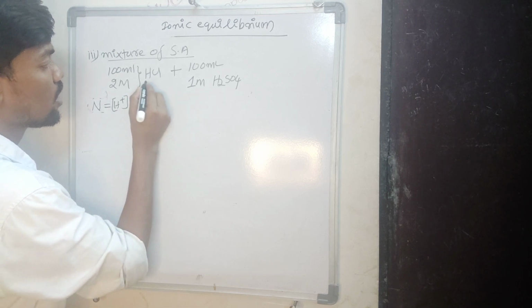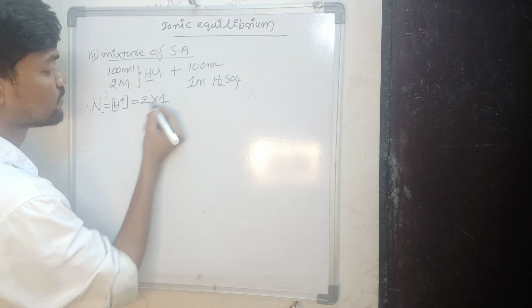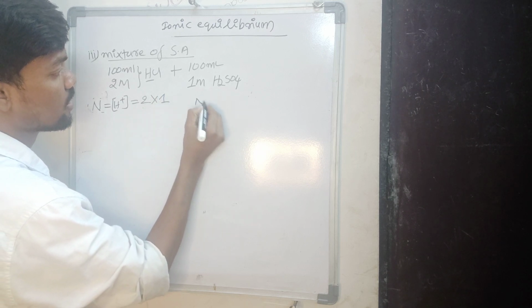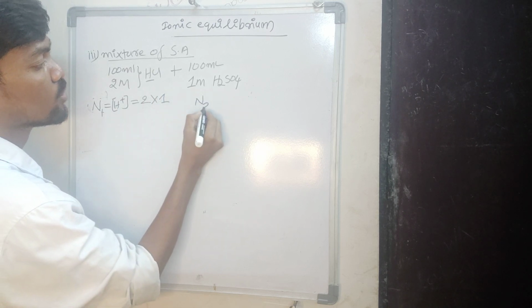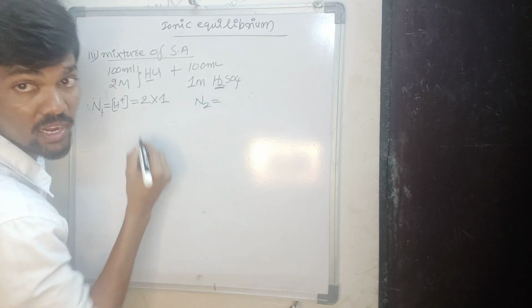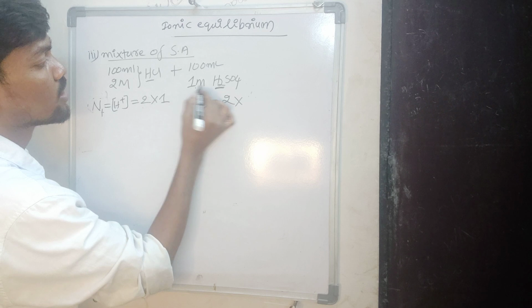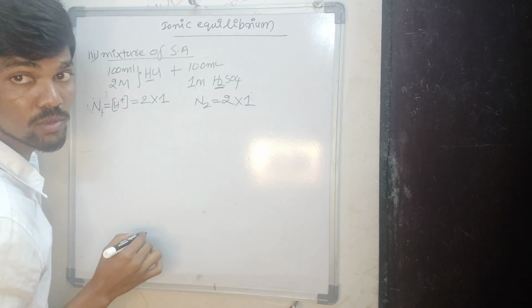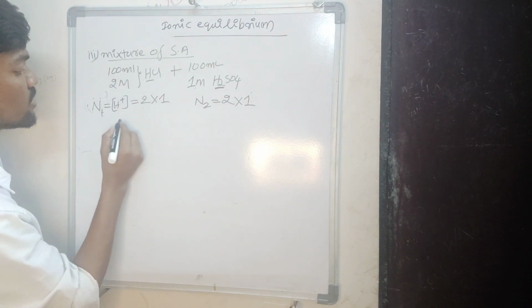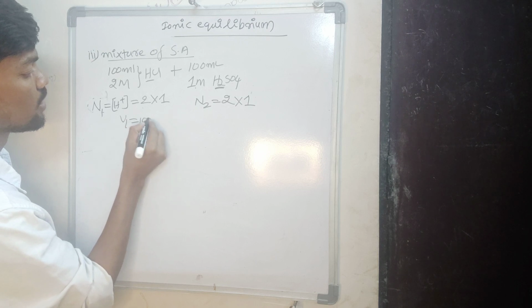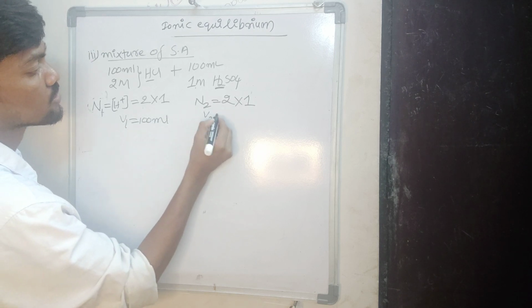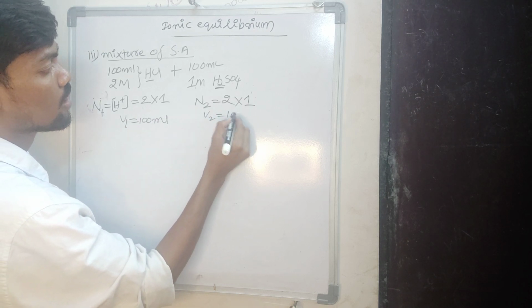N1 is the valence factor times molarity: valence factor 1 here. N2: the valence factor is 1 and the next one is 1 molar. V1 is 100 ml. V2 how much? 100.